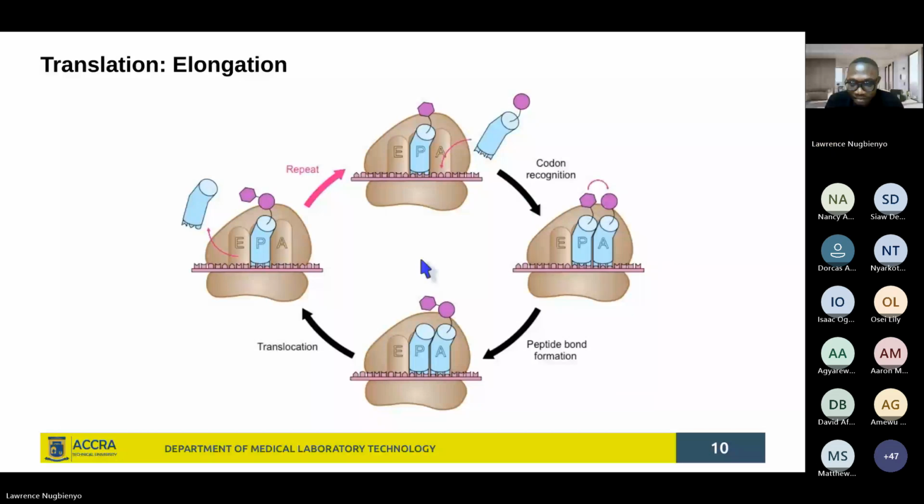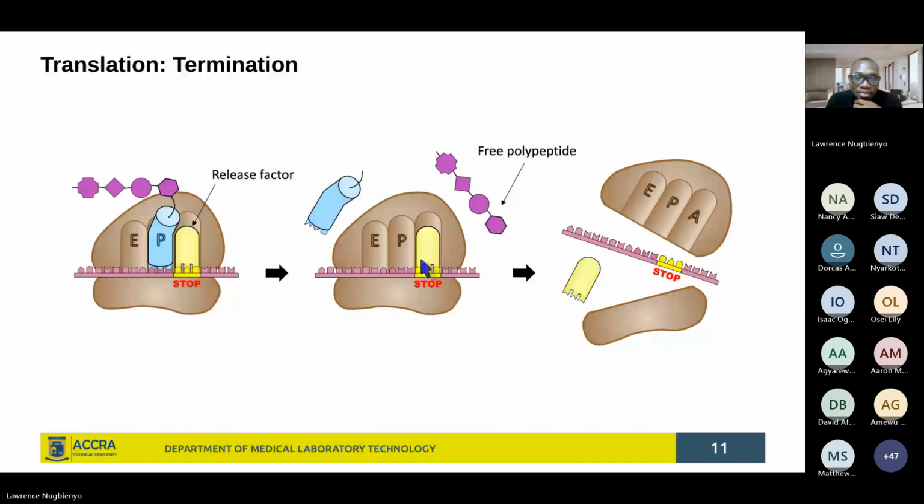Now, we have come to the end of the process of translation, where once you reach the end, that is, you have hit a stop codon. Remember when we were looking at the genetic code, there were some stop codons. And what were they?